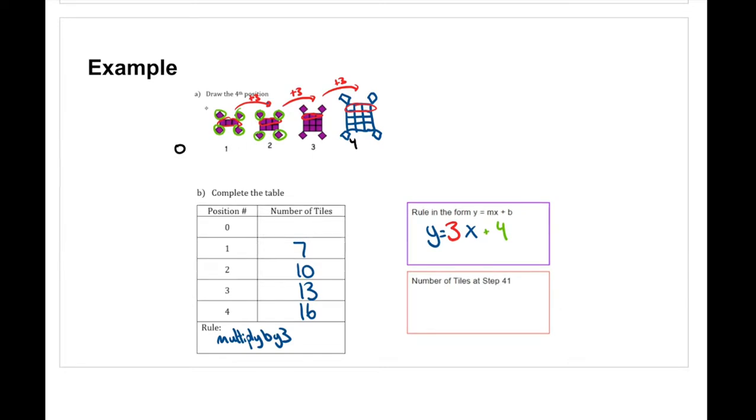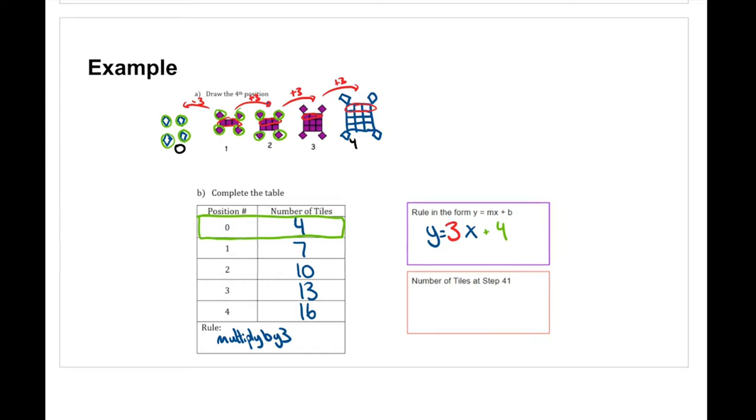If I work backwards in my rule and subtract 3, I would end up with a pattern that's just the 4 rotated triangles, and in my table, position 0 would be 4. So when the input number is 0, the output is our constant. We can see the plus 4 in other ways.